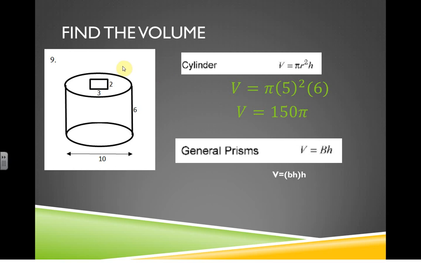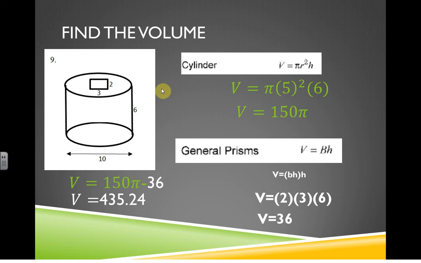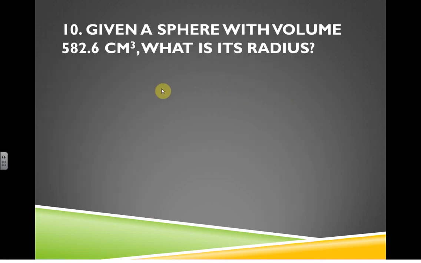For this one, I just want to point out, notice that this is the same height as the cylinder. So this 6 is going to work as the depth of this prism as well. So that's just 2 times 3 times 6, and that's 36. So 150 pi minus 36, and then you would most likely approximate that in your calculator, but you could have left it as 150 pi minus 36 if the question didn't specify.